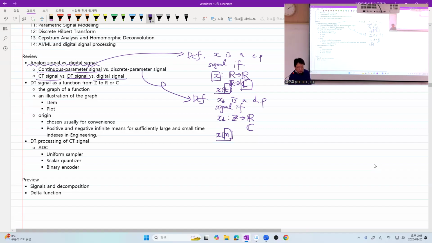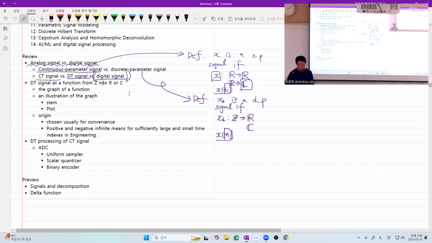Anyway, this part will be a little bit less emphasized in this course. So the focus in this course is the discrete time signal. And as I told you, it's a function from Z into R or C.